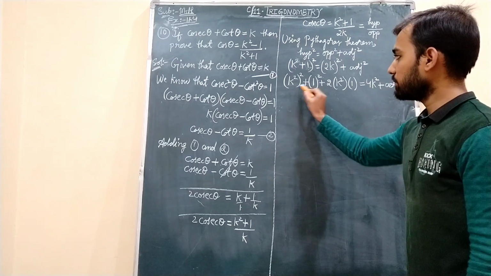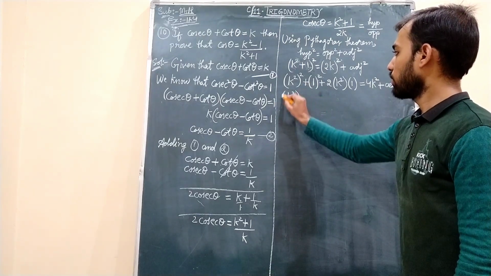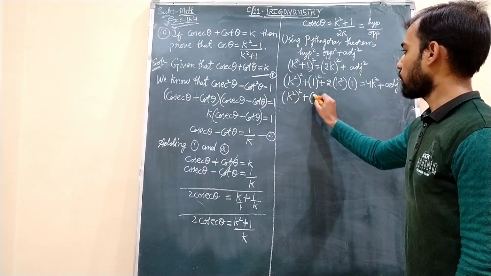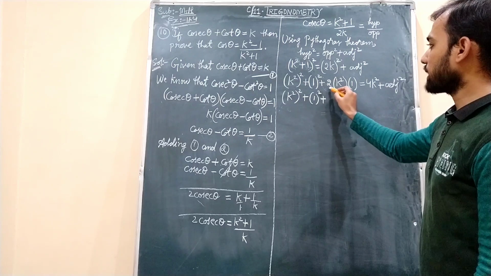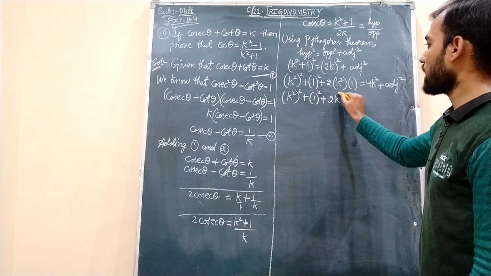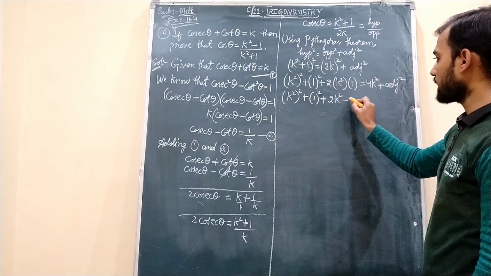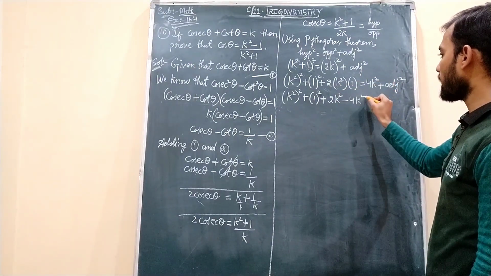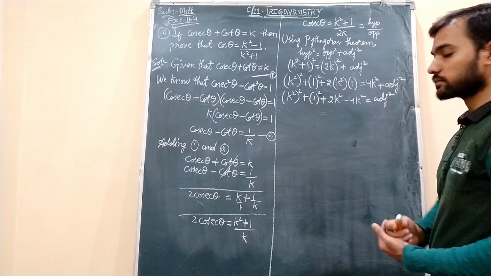Now don't disturb these two things. Write this as it is. K square whole square plus 1 whole square plus, when you multiply them all together, 2 ones are 2k square you will get. I am transposing this 4k square to this side, I will get minus 4k square equals, the right side remains adjacent square.